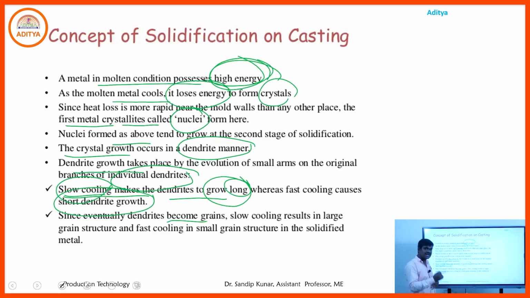Continuous formation of the dendrite converts it into grain. Slow cooling results in a huge grain structure, and fast cooling rates form a lower, finer grain structure.